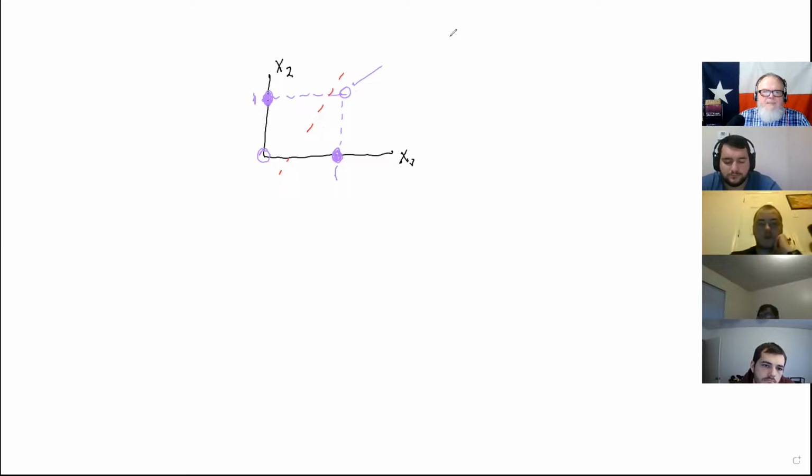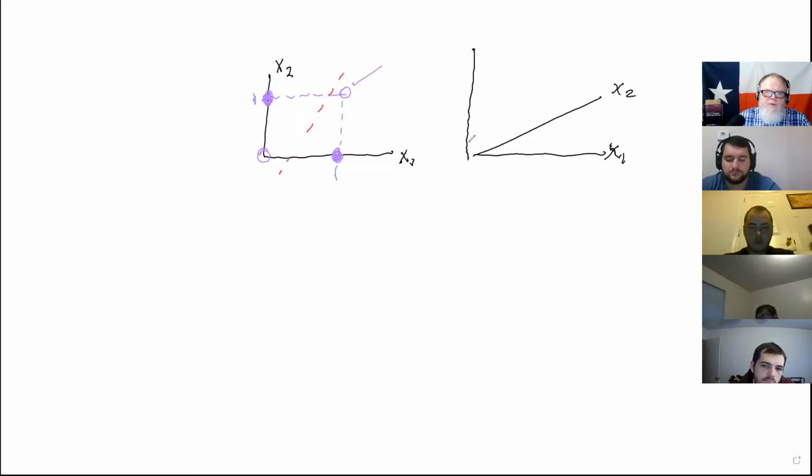But imagine going to a higher dimension. This is not exactly how vector support machines work, but it gives you the flavor for what happens. We're going to add a third artificial dimension, which we're going to call x sub 3. And let's say that x sub 3 is equal to x sub 2 minus x sub 1. Is that okay?